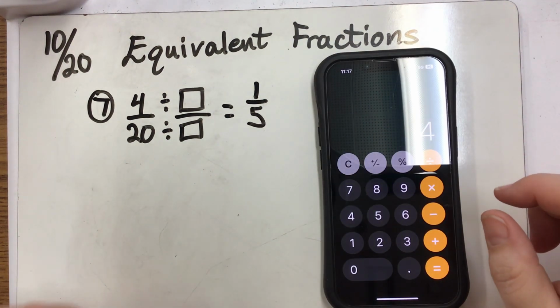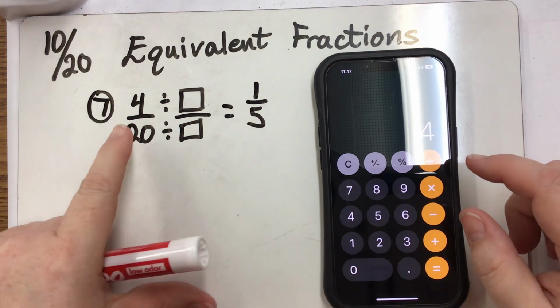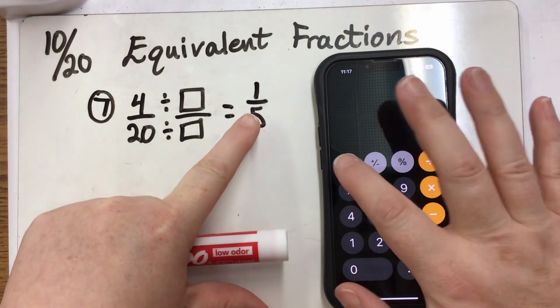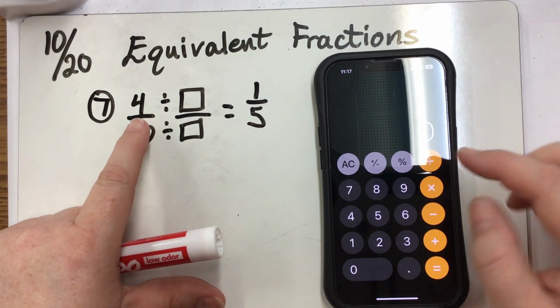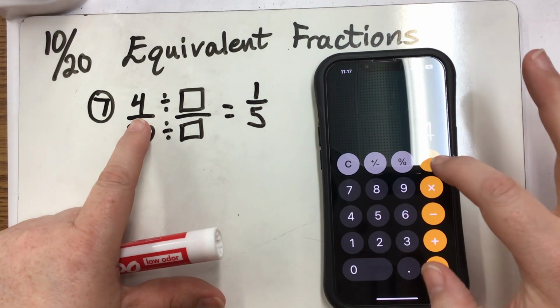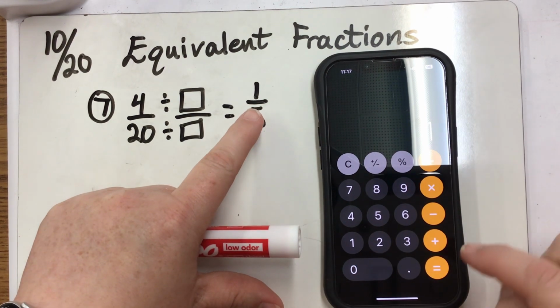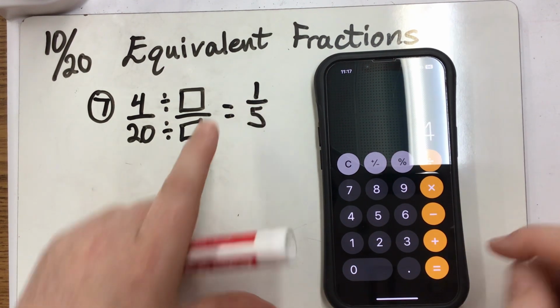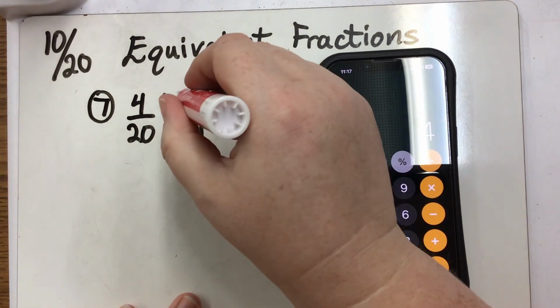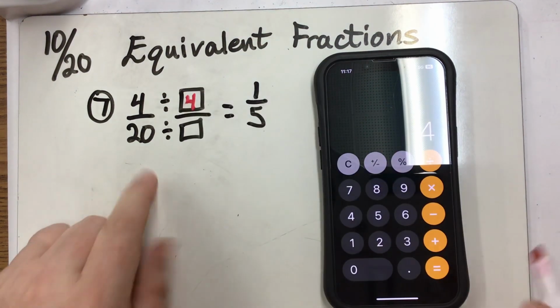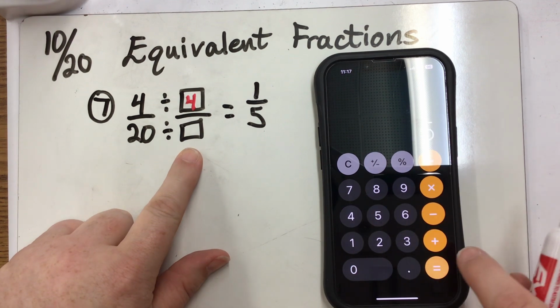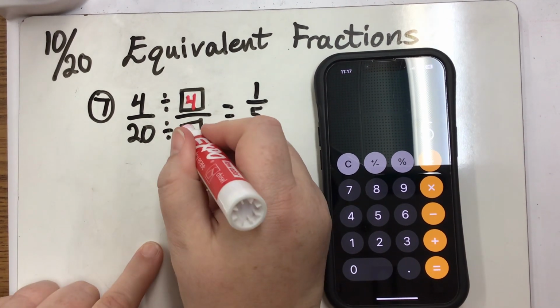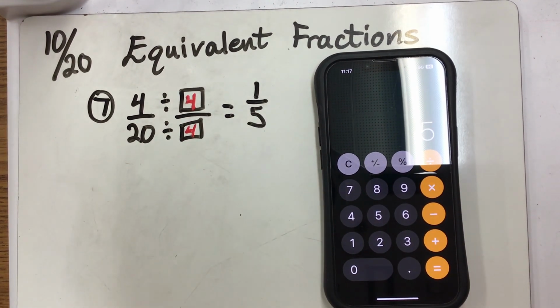Okay, so now what I want to know is 4 divided by what equals 1? Okay, so I am just going to divide. 4 divided by 1 equals, oh look at that, it's a 4. Let's see if it's right. 20 divided by 4 equals 5. Yep, that one works. Okay, let's keep going straight down.